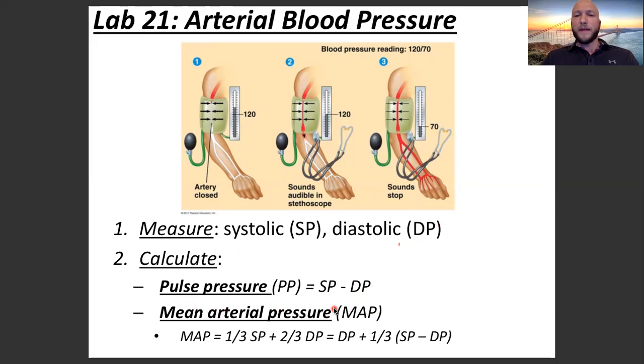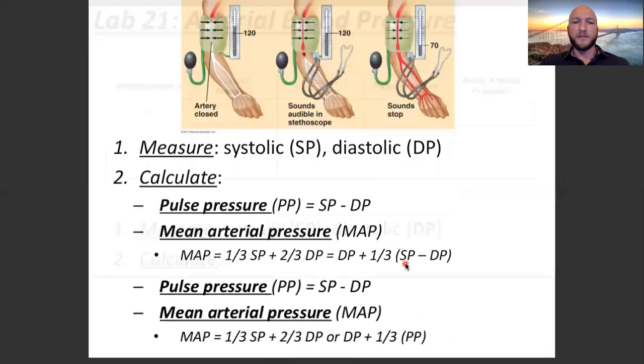We're going to talk a lot about MAP in this class. MAP is equal to 1/3 systolic blood pressure plus 2/3 diastolic pressure, or there's another way to calculate it: diastolic blood pressure plus 1/3 systolic minus diastolic. You can choose whichever equation's easier for you to use. They'll get you to the same place.